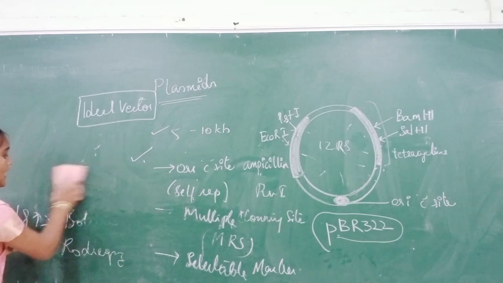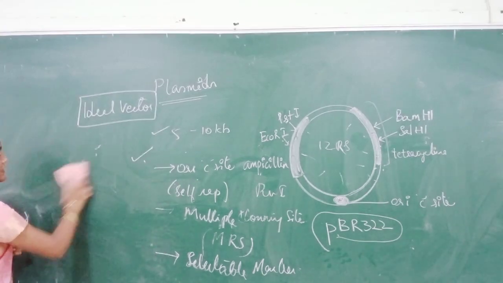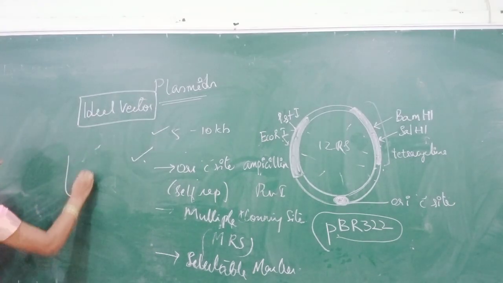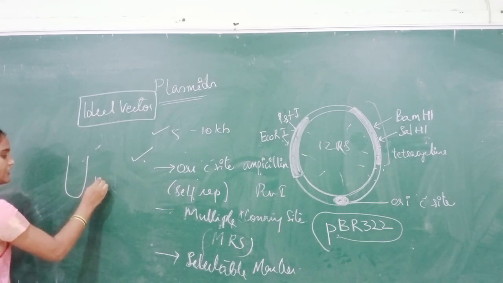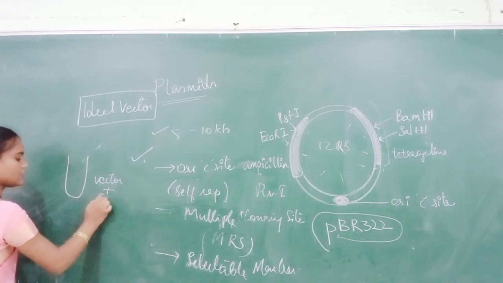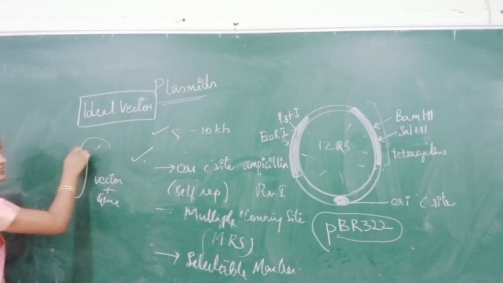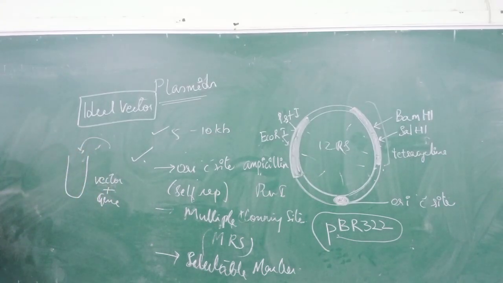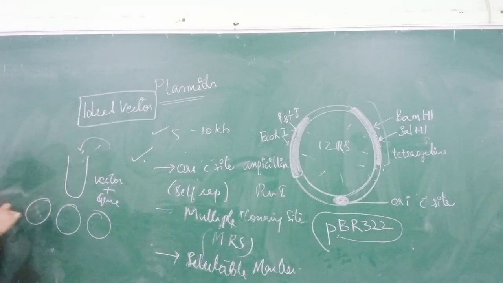For instance, as I said in your previous sessions, if this is your reaction mixture, and you have added your vector DNA, that is your pBR322, plus your gene of interest, there may be three different types of reactions observed.